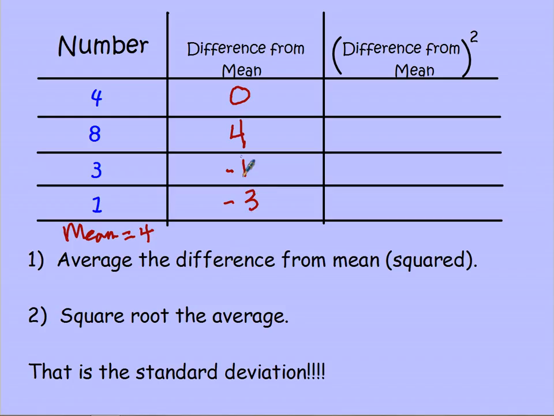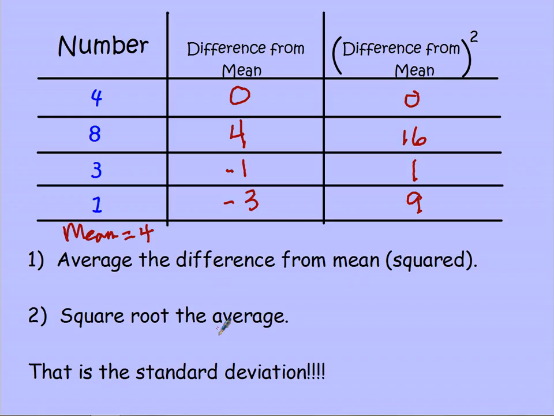So these are the differences from the mean. In the third column, I'm going to take those differences and square them. So 0 squared is 0, 4 squared is 16, negative 1 squared is 1, and negative 3 squared is 9.